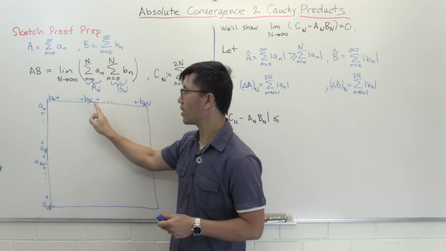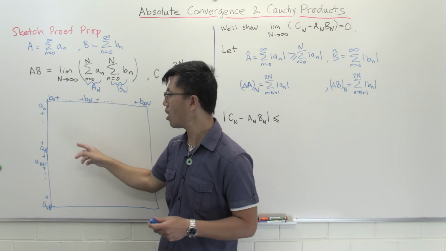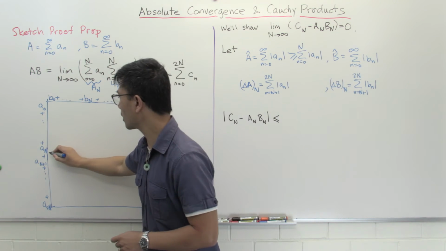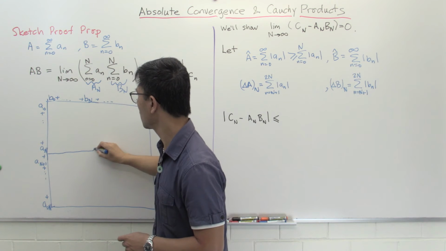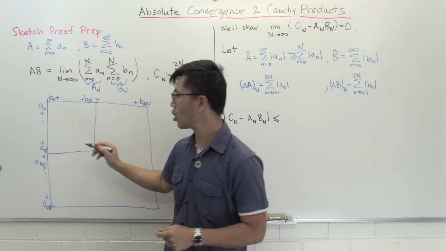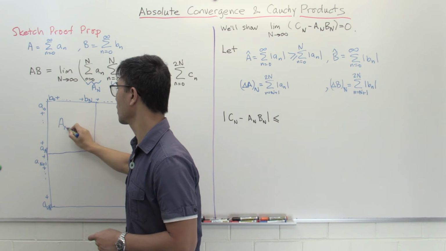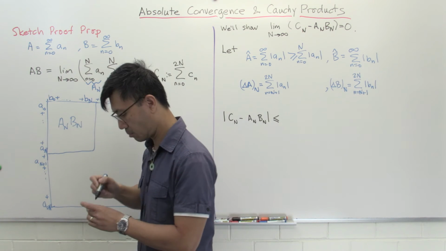What you do is you form this array, you multiply corresponding terms, and you get a square array of products. When you take all those products and add up all the terms, you'll get A_N times B_N. So that's how you visualize that product.